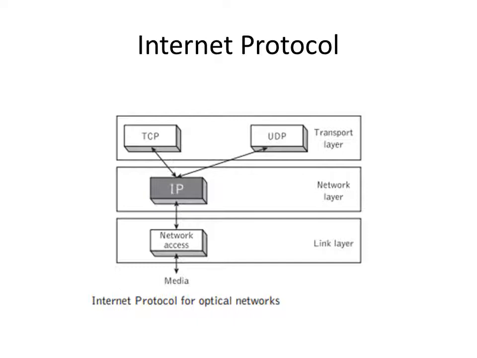A virtual connection is established between nodes requiring communication when IP is combined with a specific higher level protocol such as the Transmission Control Protocol, TCP, or the User Datagram Protocol, UDP.